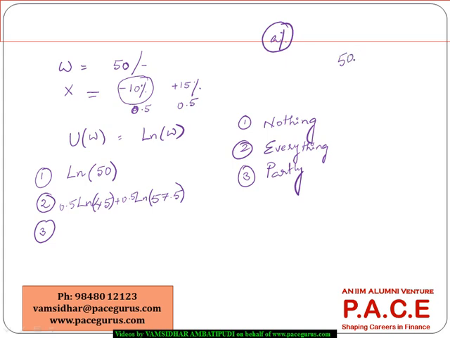Out of this 50, A by 100 he has invested in X, and out of this 50, 1 minus A by 100 he did not invest anywhere.